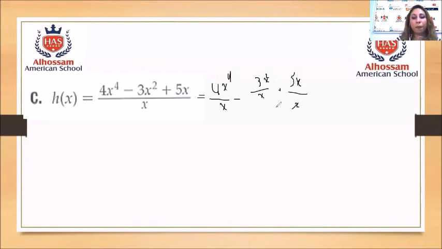We'll minus the x from the exponents, which will be 4x to the power of 3. Perfect. Then? Minus 3x. Excellent. Minus 5. Plus 5.